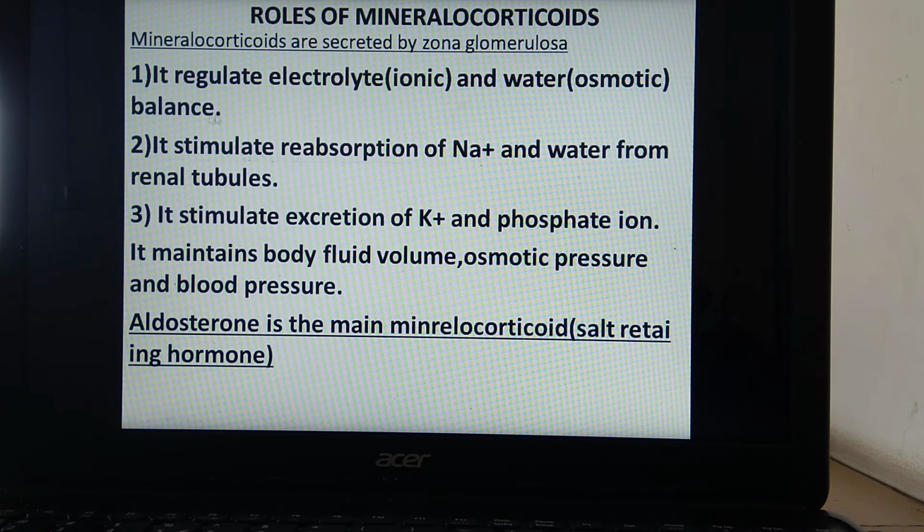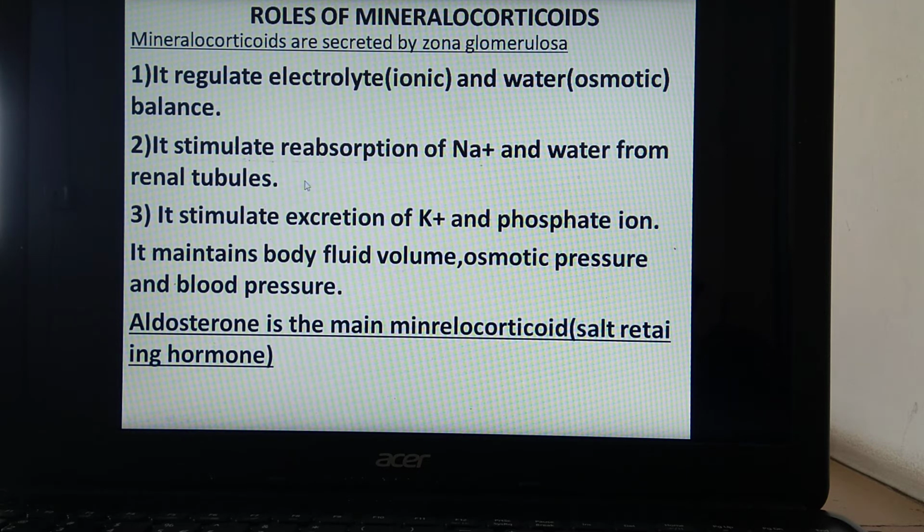Second function, it stimulates reabsorption of sodium and water from renal tubules. These renal tubules, as we have studied in 11th standard, are part of the uriniferous tubule or the nephron. So from the renal tubule region of the nephron, sodium and water are reabsorbed under the control of mineralocorticoid.